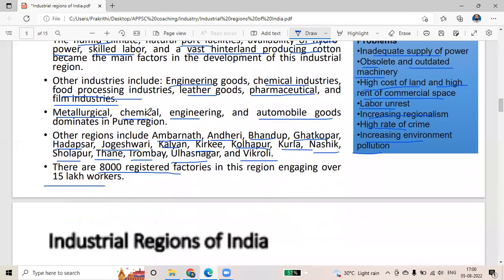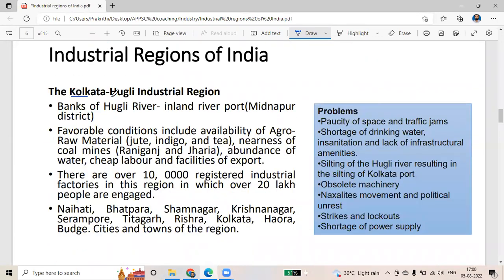Then the second one is the Kolkata-Hooghly industrial region. So Hooghly River, one of the important inland river ports, is located on this river. To give Kolkata such a big name, the importance of Hooghly River is very big. So in this region, because of this port, and what area is in front? Jharkhand, Chhattisgarh, West Bengal, Odisha.